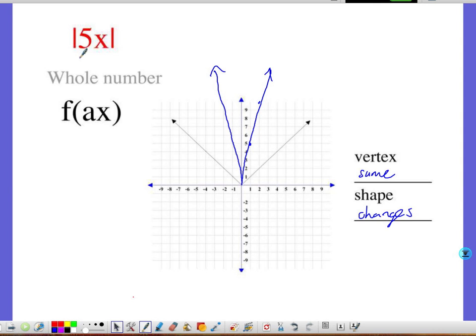Now, because the 5 is on the inside of the absolute value, we're not calling this vertical stretch, we're calling this a horizontal shrink, factor of 1/5. So anytime you have a number on the inside, it's called a horizontal shrink.